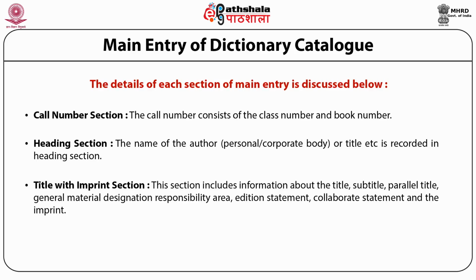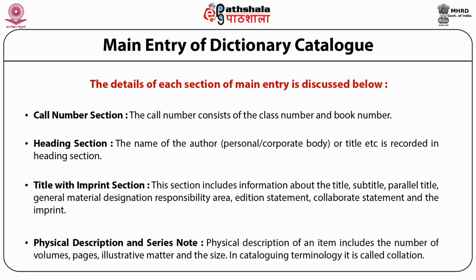The imprint area, that is place of publication, name of publisher and year of publication, follows the edition area, which is separated with full stop, dash, space. Place of publication and publisher are separated by the punctuation colon, and publisher and year of publication are separated by the punctuation comma.